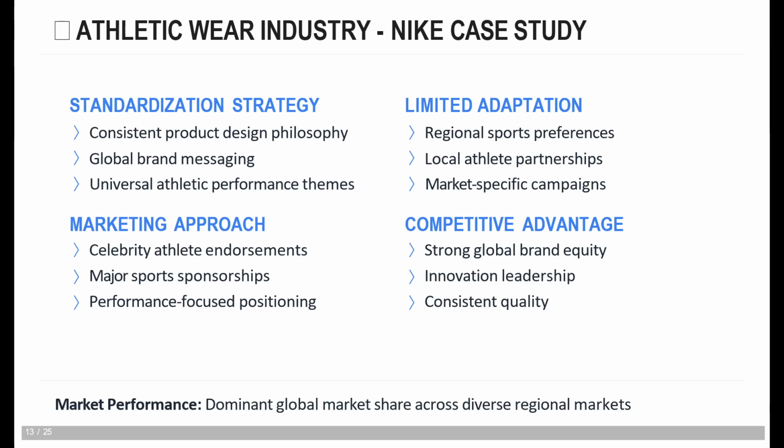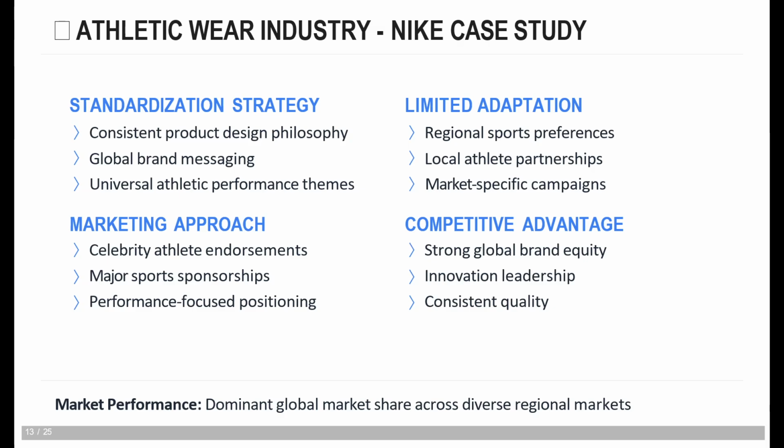Nike case study. For the strategy, it blends global consistency and selective adaptations. Standardization: product design and quality standards are consistent worldwide. Global brand messaging focuses on athletic performance, inspiration, and empowerment.